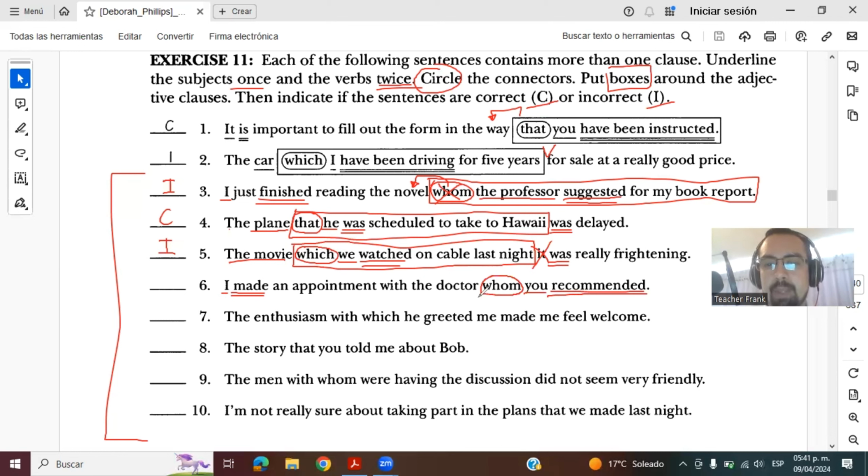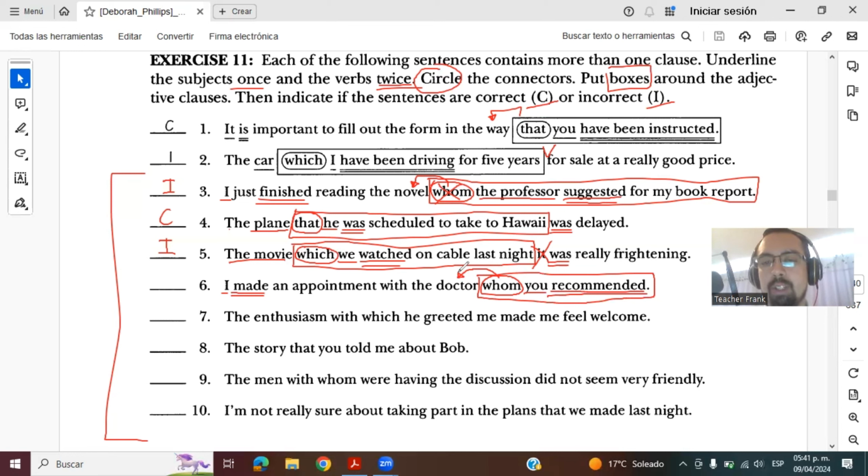And this is going to be my adjective clause. Now, if you ask me, is it correct to use whom? Yes, because I am talking about an object. I am talking about the doctor you recommended. For example, this could be exemplified in the sentence, you recommended him, you recommended her, you recommended the doctor, right? So it's the doctor whom you recommended, right?